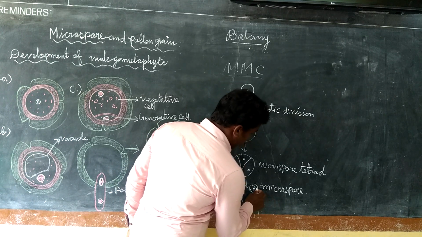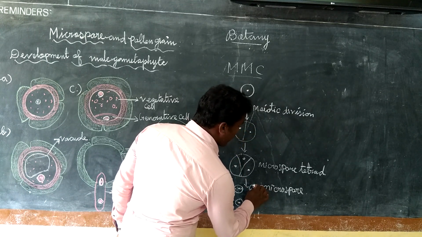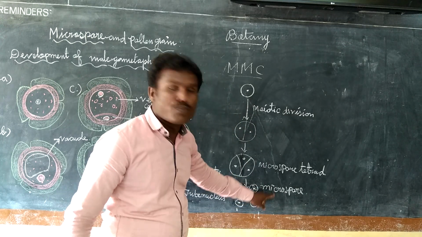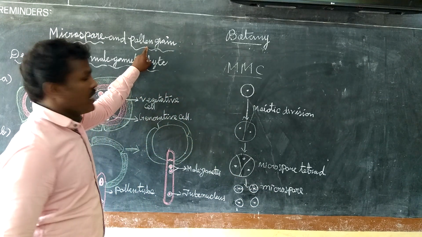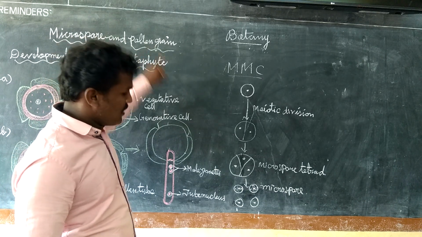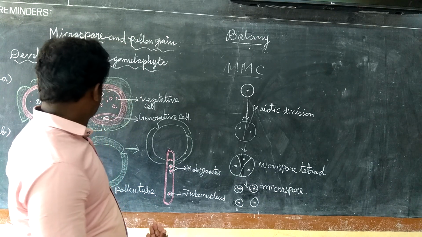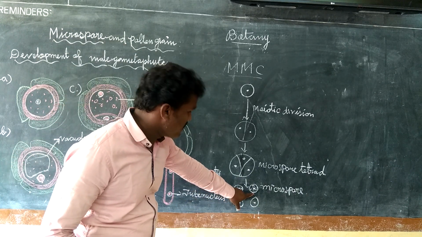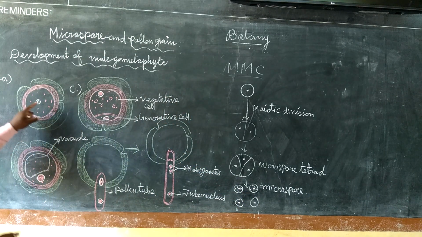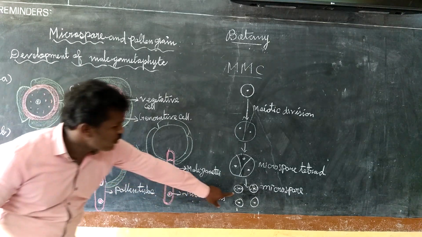After the development of the pollen wall, the microspore is said to be a pollen grain. After the development of the intine and exine, take for example this pollen grain. This is a microspore.